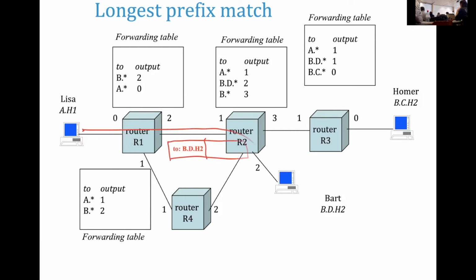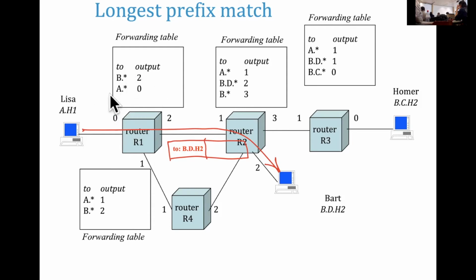Then when Lisa sends a packet to Bart, it will put the destination IP address on the packet. When R1 receives it, it will match this address with each line of the forwarding table to see which line matches. So the address is in fact B dot something. It matches the first line. It does not match the second line.